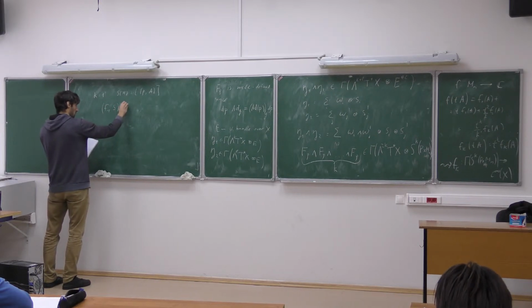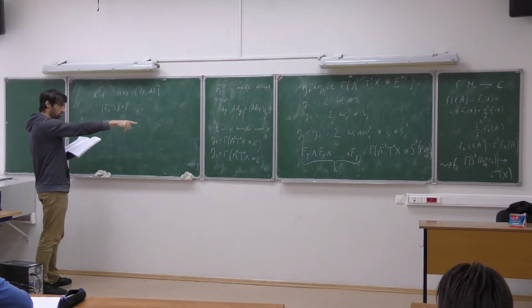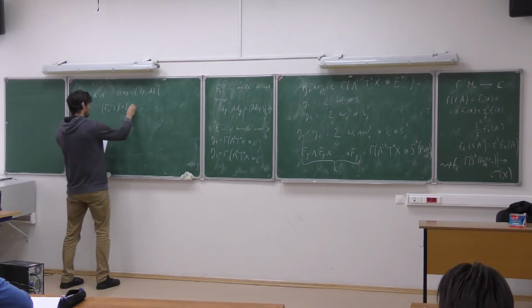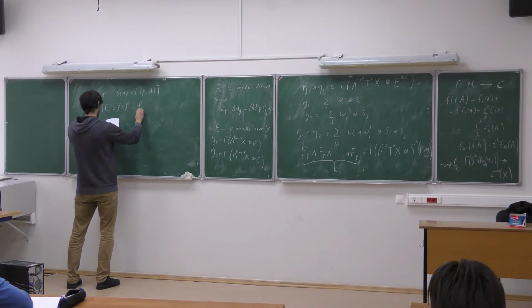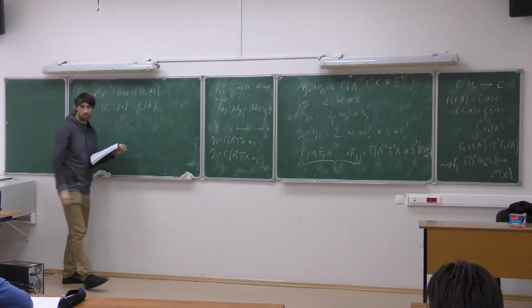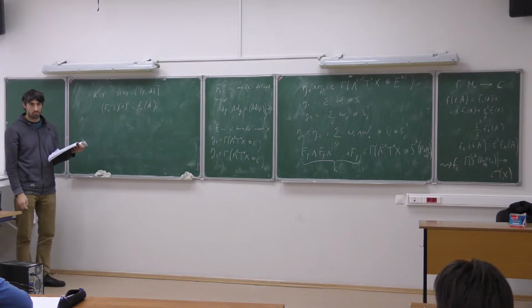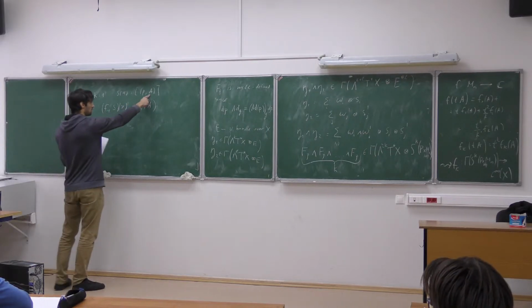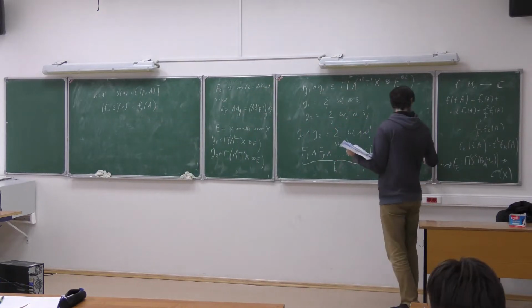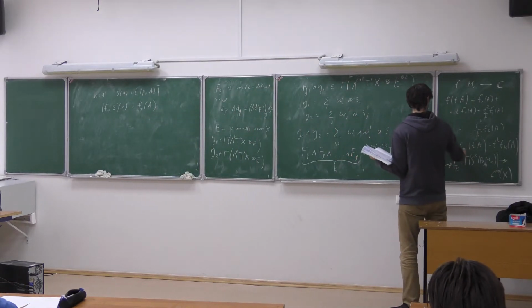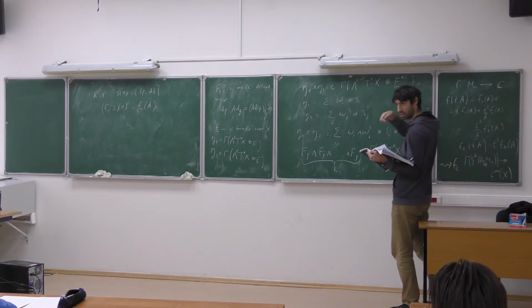It gives me something from C infinity of X. Well, this is just F1 of A. So A lives inside Mn, and Fk knows how to eat n by n matrices.